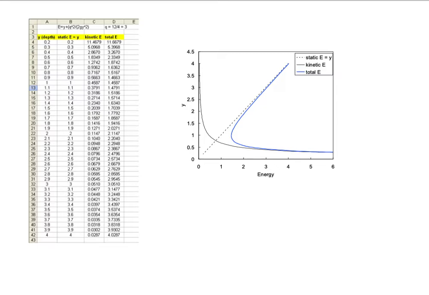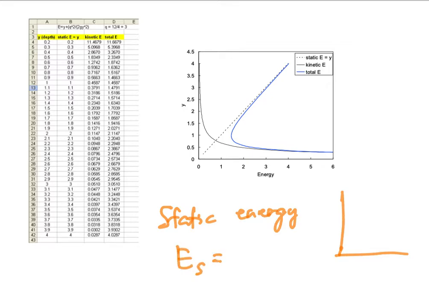Okay, so the first one, for static energy, is quite simple because the equation is very simple. E static is equal to y, so for sure we get a straight line like this one.